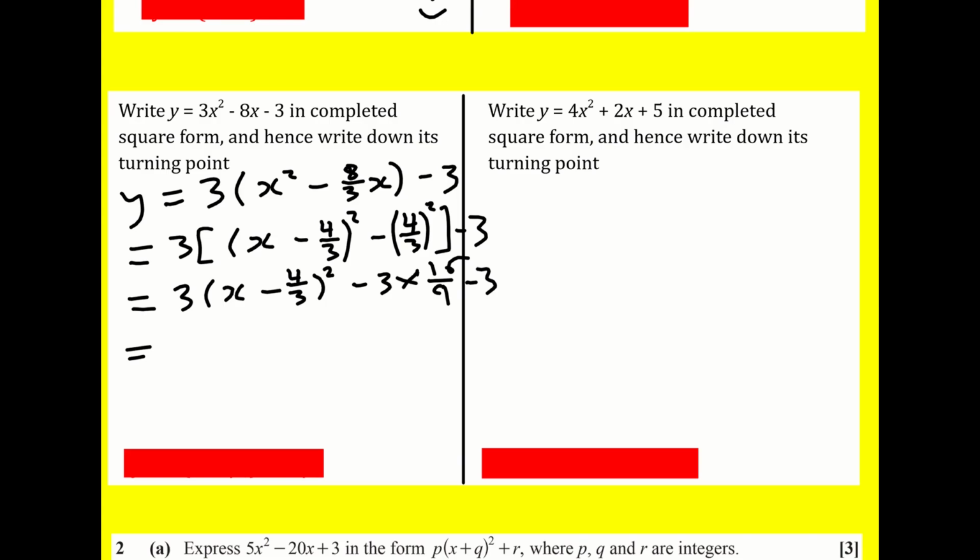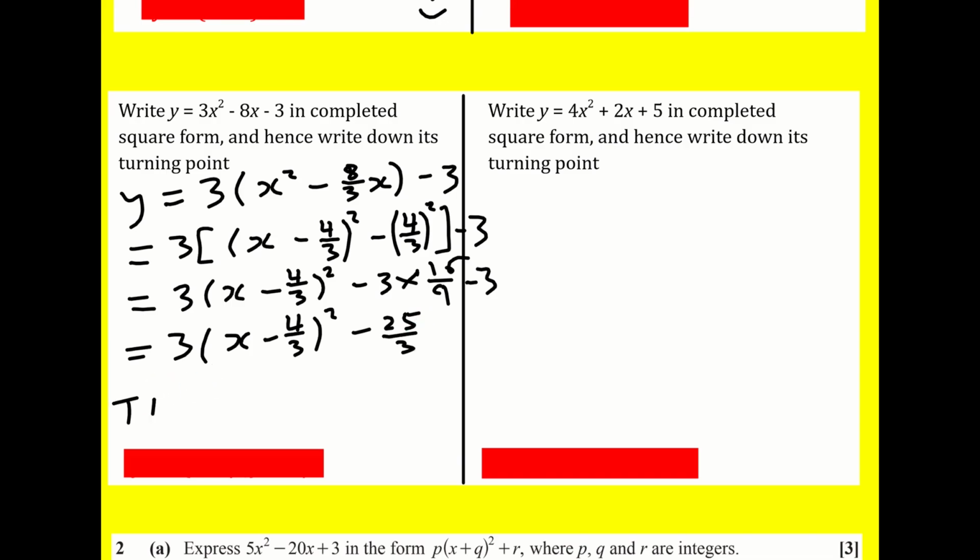Try and deal with mixed numbers as best as possible, but sometimes it's just easier. Okay, so -8 1/3. You could leave it as an improper fraction, or you could leave it as a mixed number. I think I prefer 25 over 3 actually, so I'm going to leave it as an improper fraction.